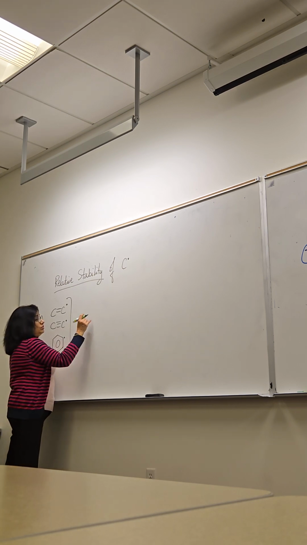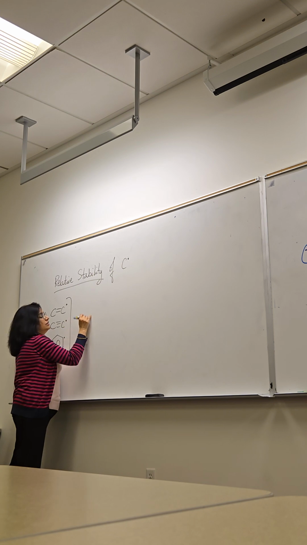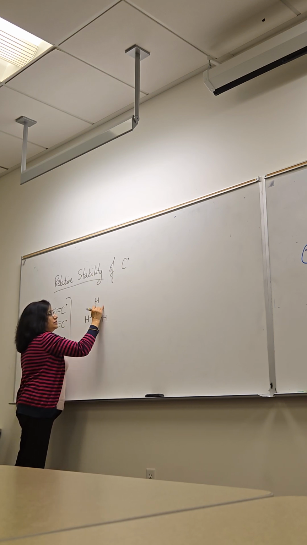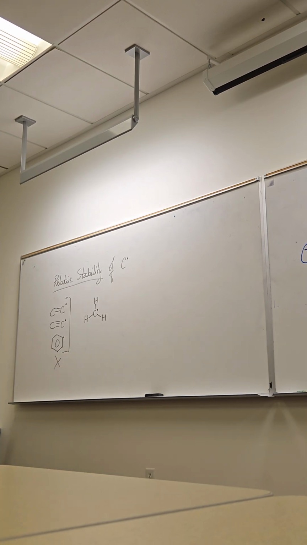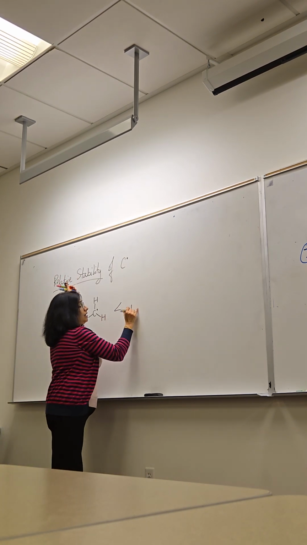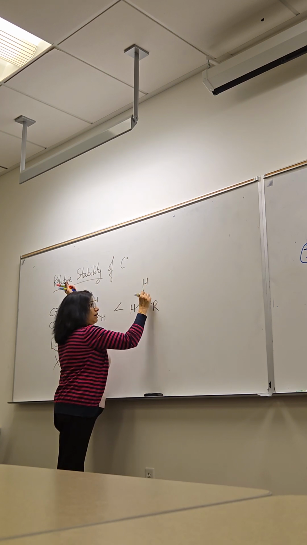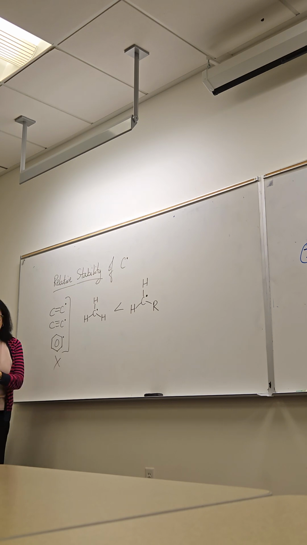So, if you're really looking at carbon free radicals, the least stable is the one that has hydrogens on the carbon. Because hydrogens are neither giving nor taking, they're very neutral beings. But then as I start replacing the hydrogens with an R, the stability goes up.